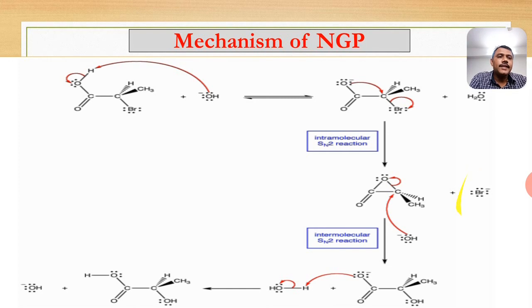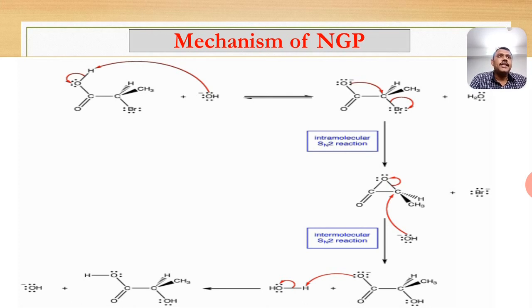This step is very important because the oxygen acts as an internal nucleophile. That is, the neighboring group attacks the adjacent carbon atom with its electron pair, acting as an internal nucleophile. This results in the simultaneous loss of the leaving group, bromine in this case. Hence it is an intramolecular nucleophilic substitution and it obeys the SN2 mechanism.